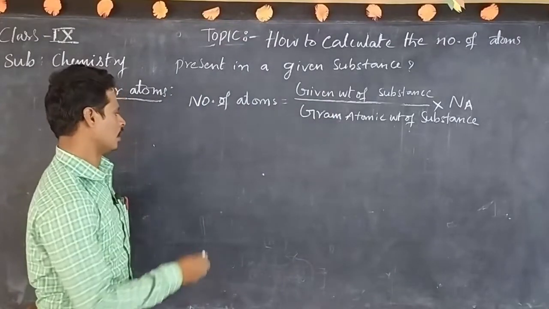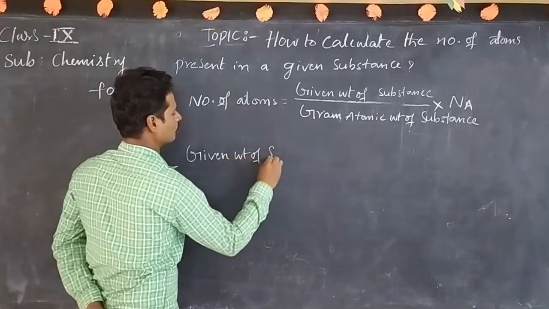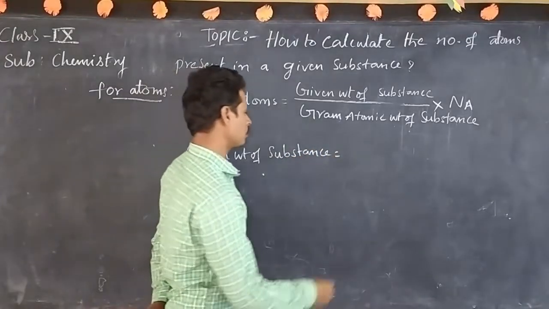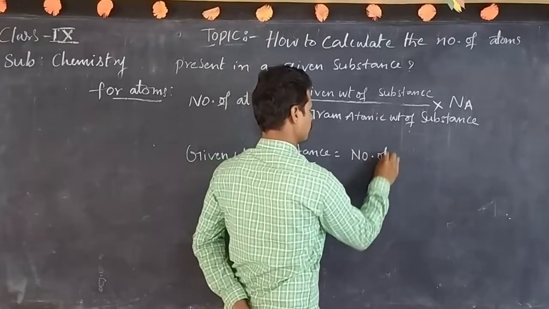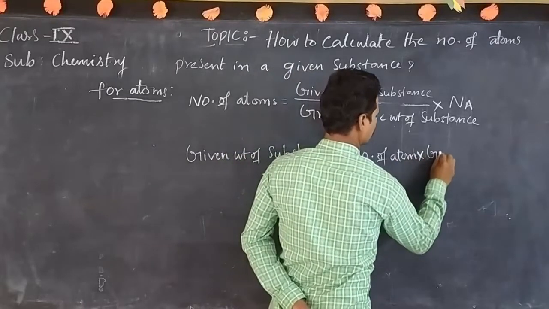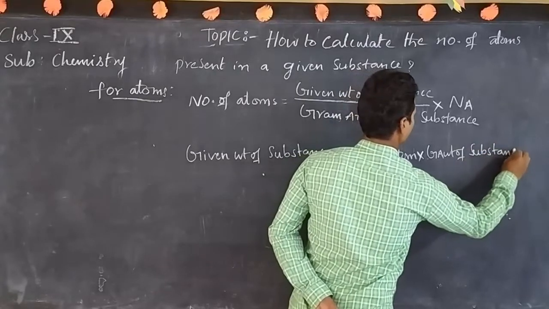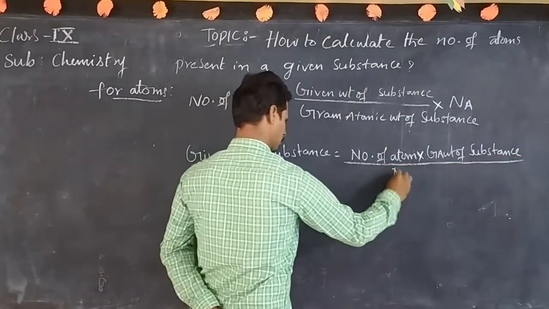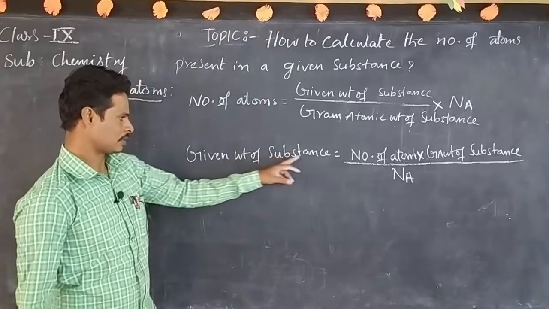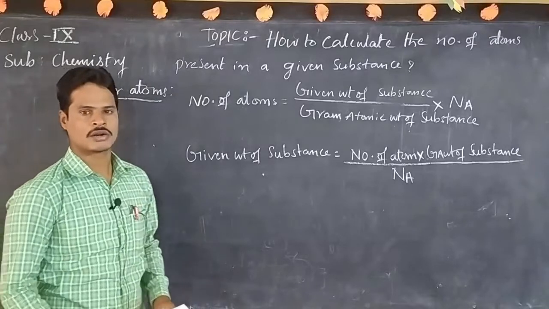Now how can you write the formula? Given weight of substance equal to number of atoms into gram atomic weight of substance by Avogadro number. This is the second formula.